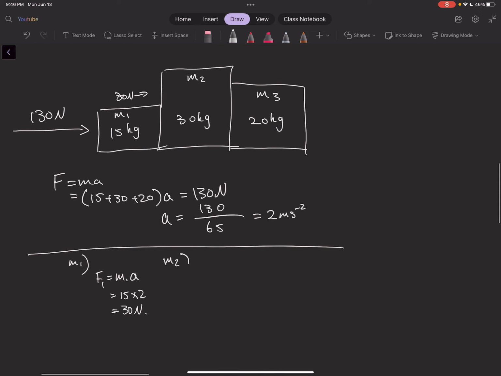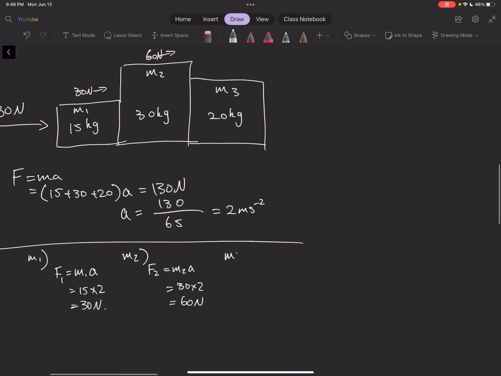For m2, we have F2 equals m2 times acceleration equals 30 times 2 equals 60 newtons. This block experiences 60 newtons. And finally, m3: F3 equals m3 times acceleration equals 20 times 2 equals 40 newtons. So there's 40 newtons for m3 here.